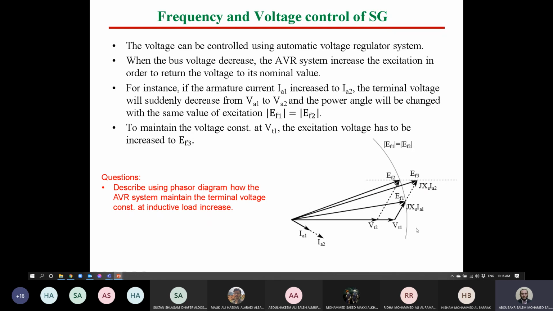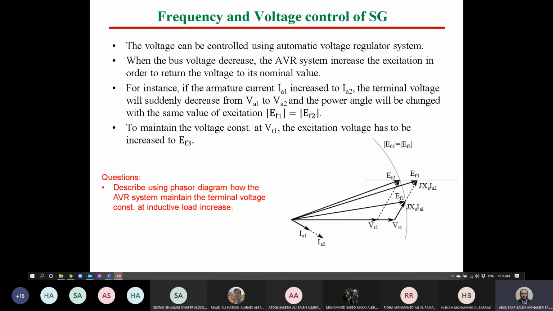Now, assume we have case number 1 here in this phasor diagram. As you can see here, we have IA1. This is a loading condition, and VT1 is the terminal voltage of the generator, and EF1 is the excitation voltage, or we can say the generated voltage. This is not the source, this is the EMF voltage we have.